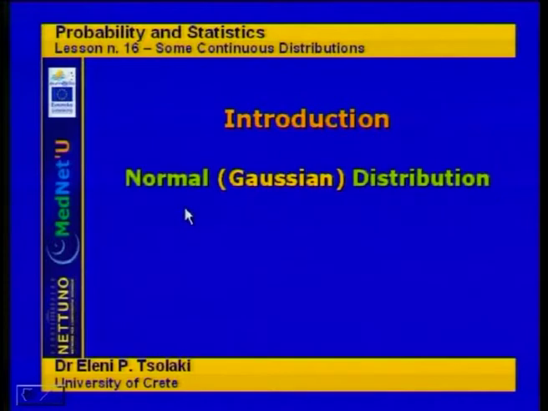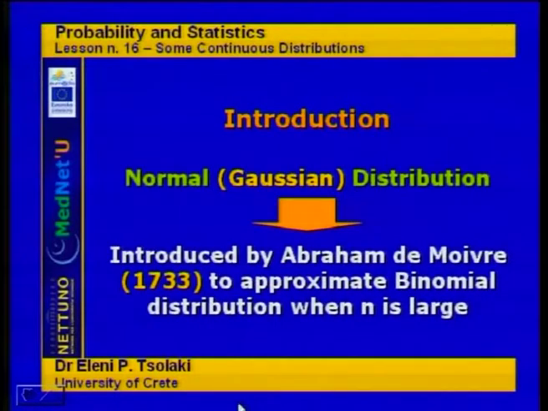The normal or Gaussian distribution was introduced by Abraham de Moivre in 1733, and first it was used to approximate the binomial distribution when n is large.